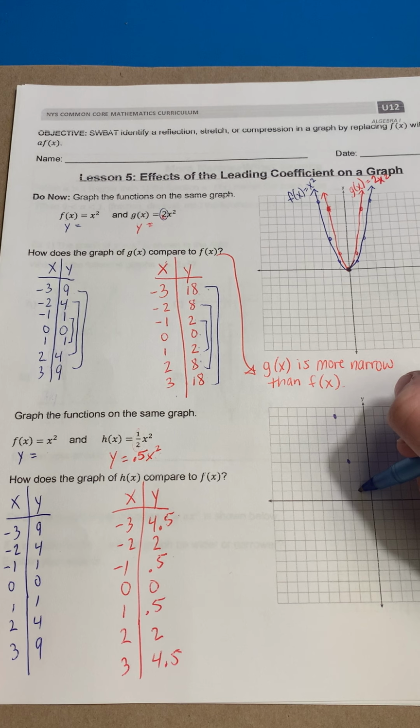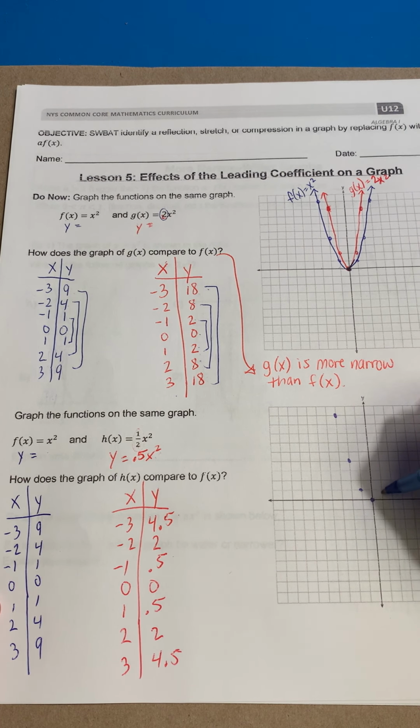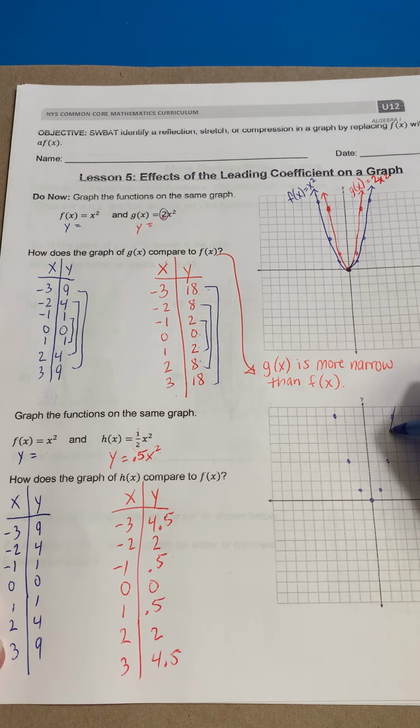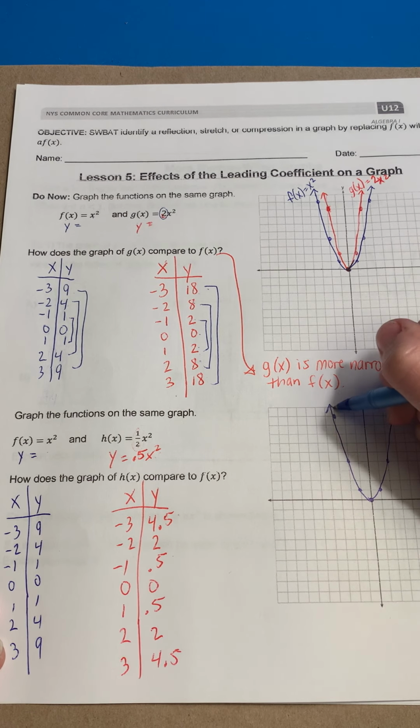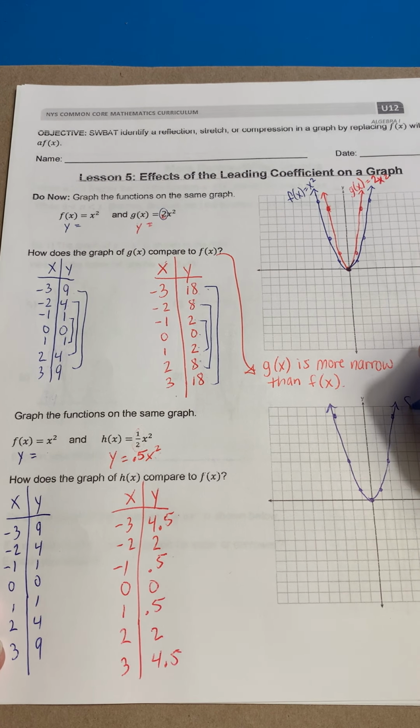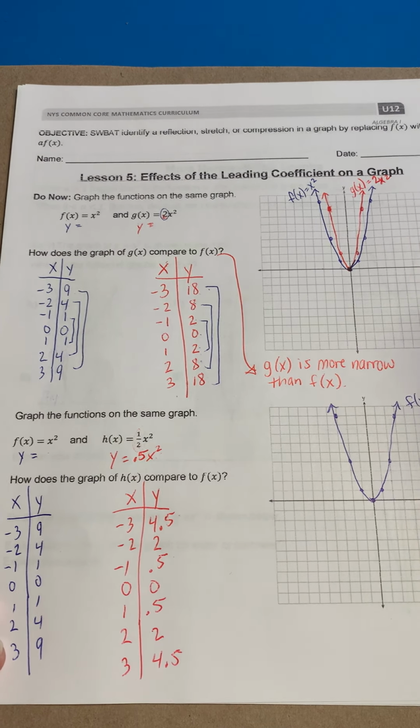Left 1, up 1. 0, 0. Right in the middle, that origin. 1, 1. Right 1, up 1. 2, 4, right 2, up 4, and 3, 9, right 3, up 9. Connect them. Add my arrows on the end and label f of x equals x squared.